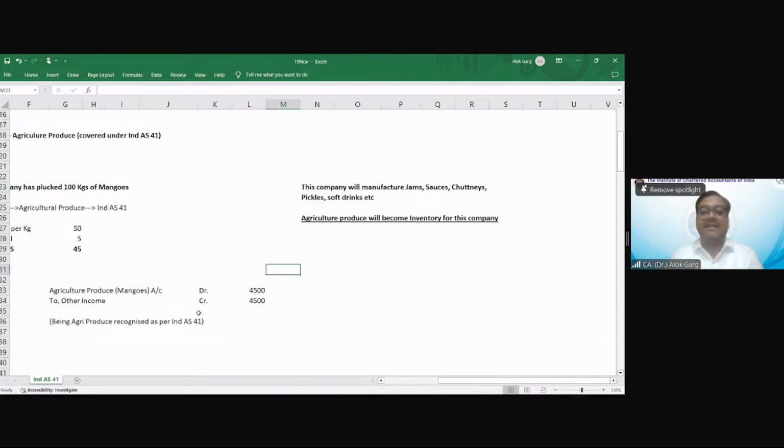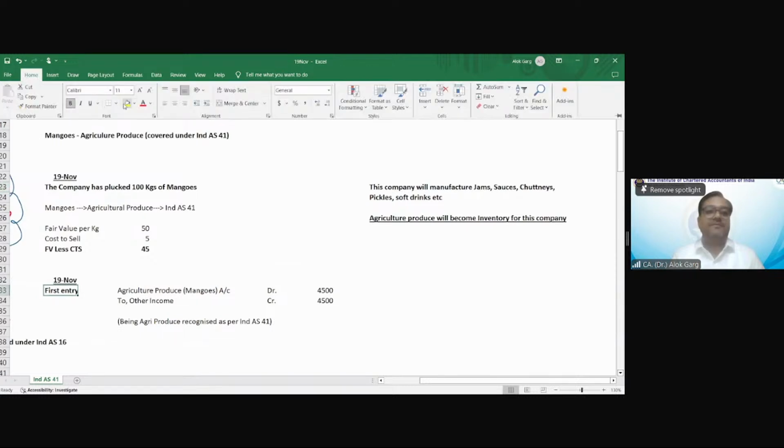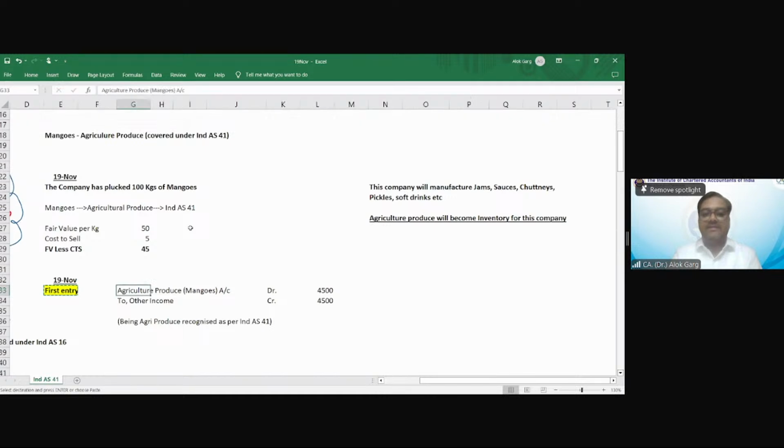So what is the second entry? This was the first entry. What is the second entry? Immediately on 19th November, there is a second entry.